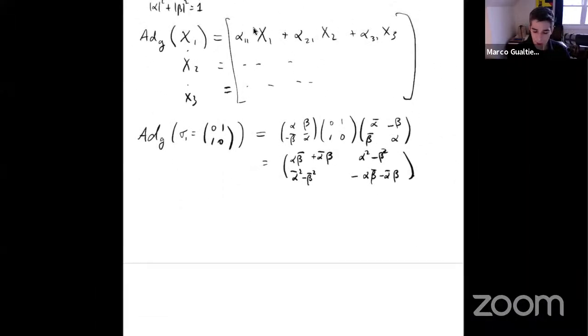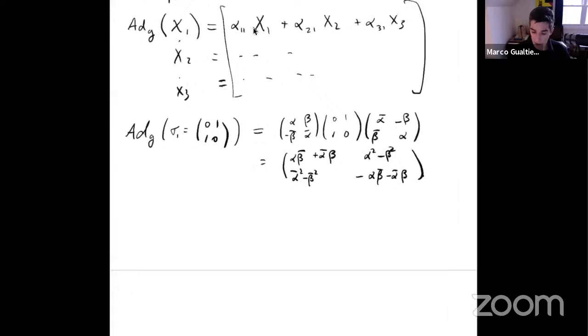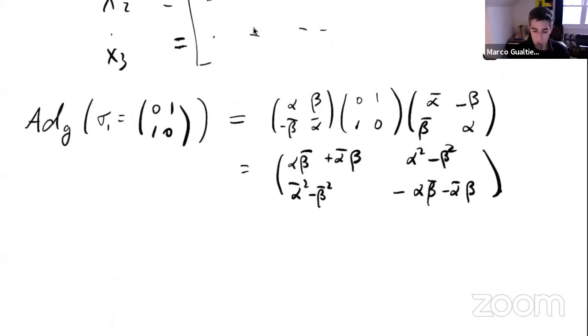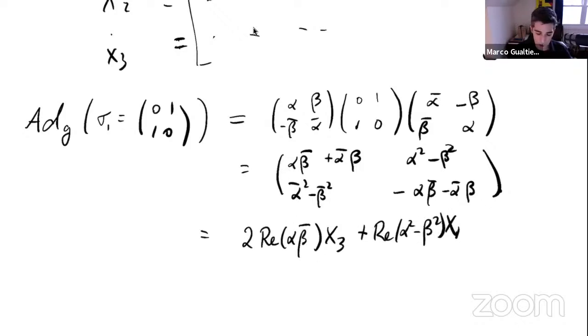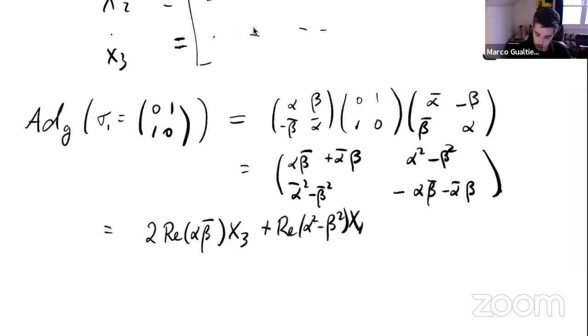Okay, and so we can take this and express it in terms of the Pauli spin matrices. We could write this one as 2 times the real part of alpha beta bar times x3, plus the real part of alpha squared minus beta squared times x1, and I'm just trying to do this to emphasize how explicitly you can use these abstract considerations, plus the imaginary part of alpha squared minus beta squared times x2.